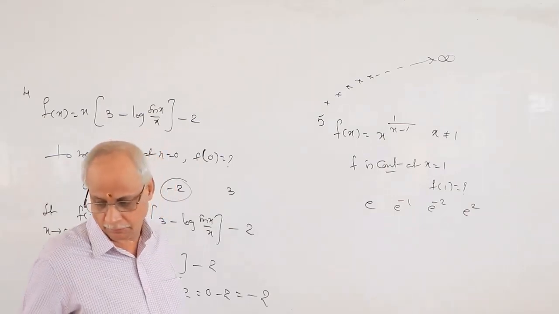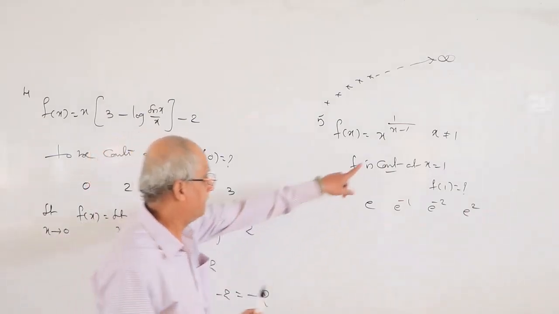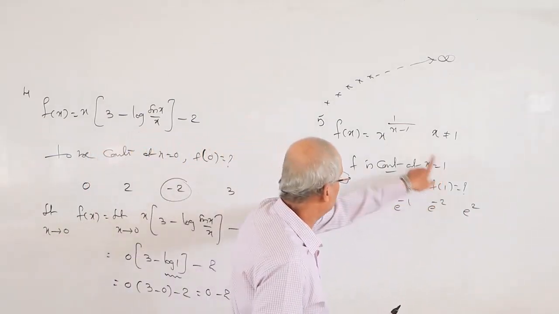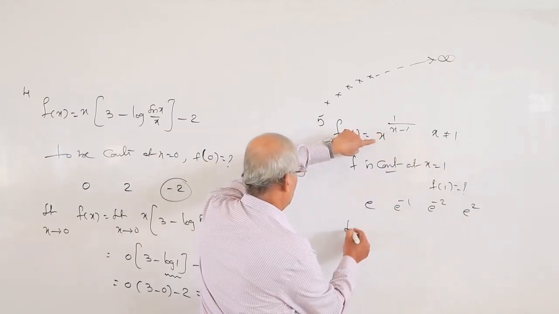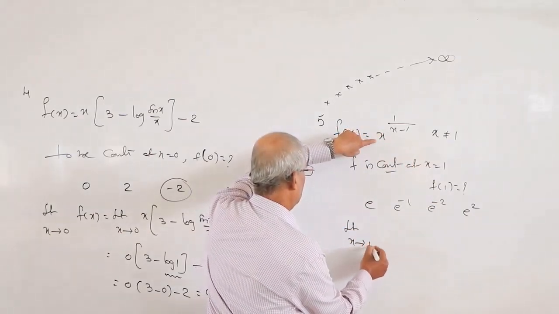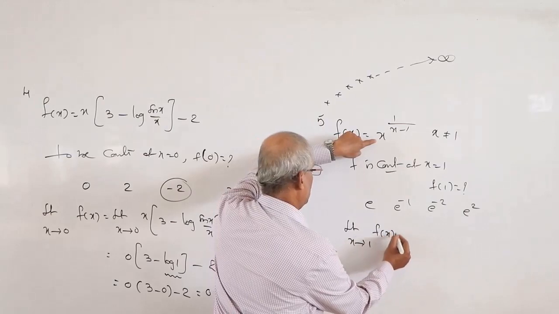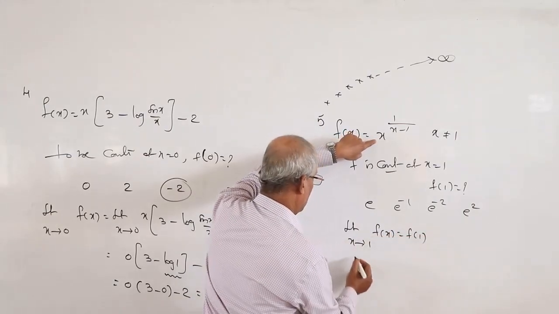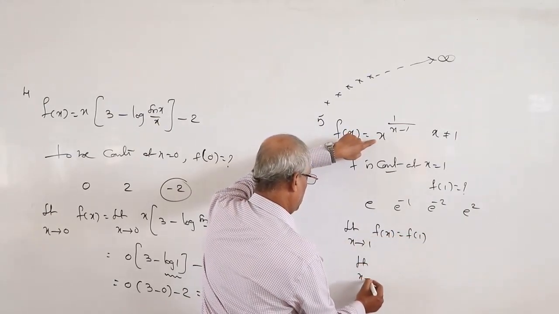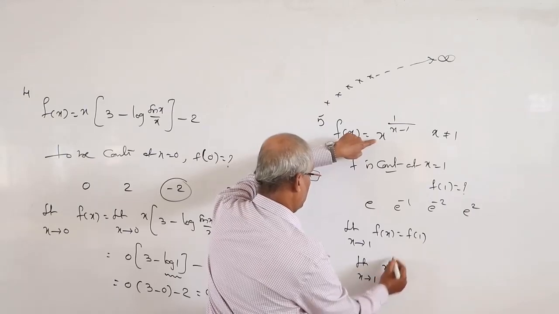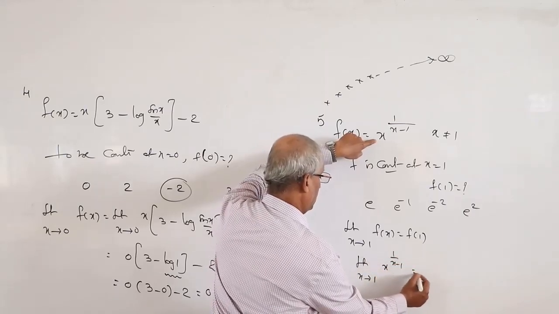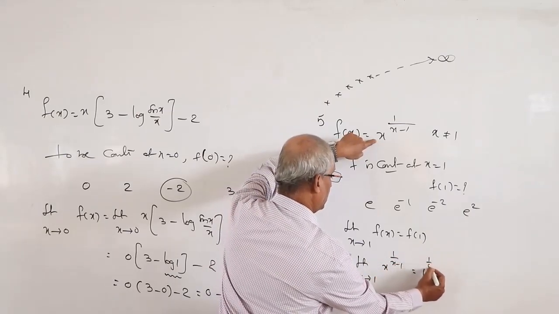Here, they want x is 1. It is continuous means the limit must be equal to f of 1. What is the limit as x tends to 1 of x power 1 by x minus 1? 1 power 1 by 0.